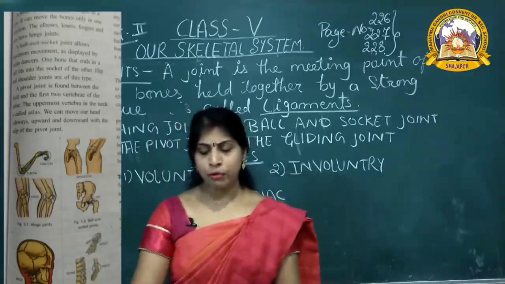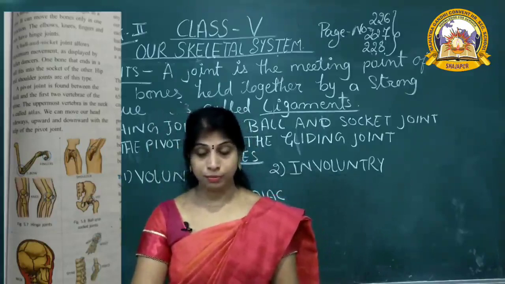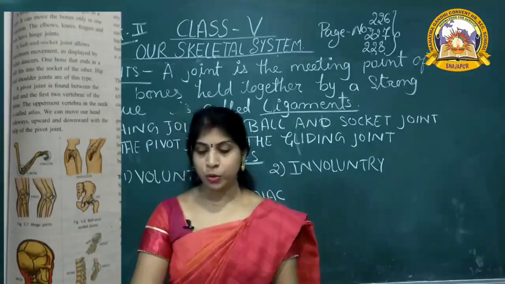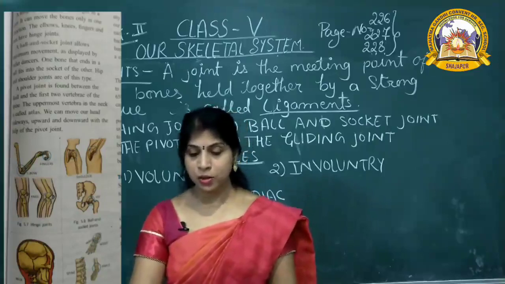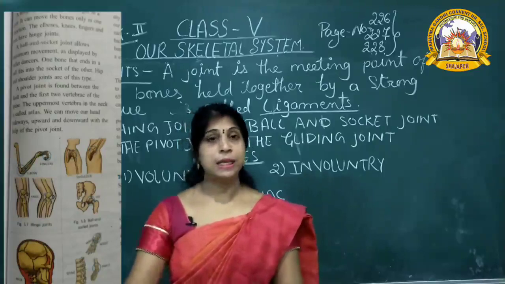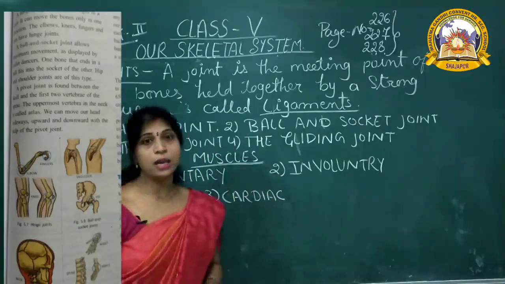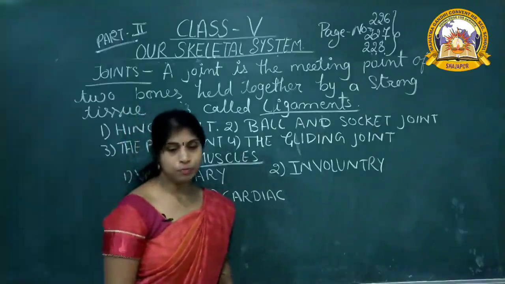What would happen if our backbone was made up of just one long bone? It would make you look as stiff as a scarecrow. So these are our main types of joint, and all these joints are movable joints.